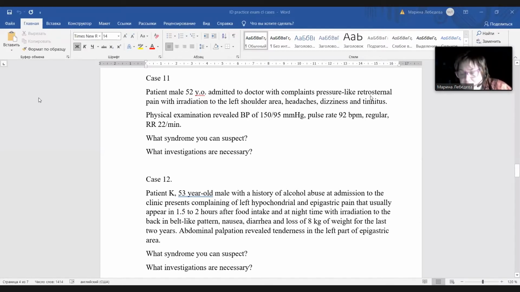Concerning arterial hypertension, we are to see the condition and function of target organs. I have already mentioned the kidney function with creatinine and calculating GFR. Then albuminuria.